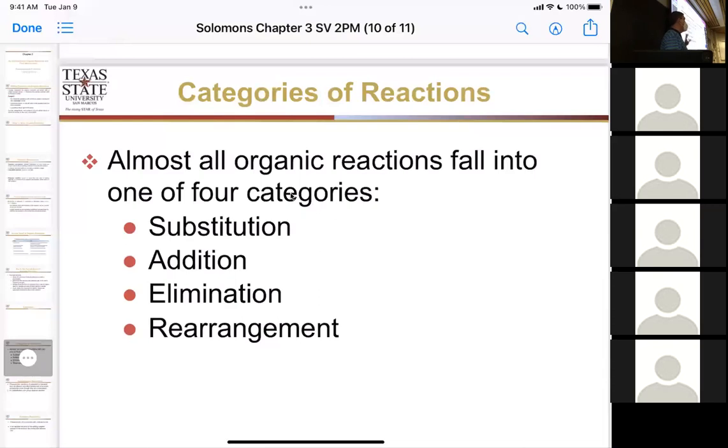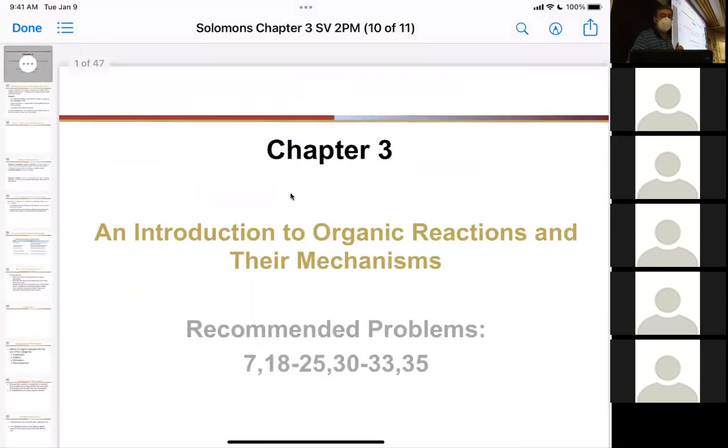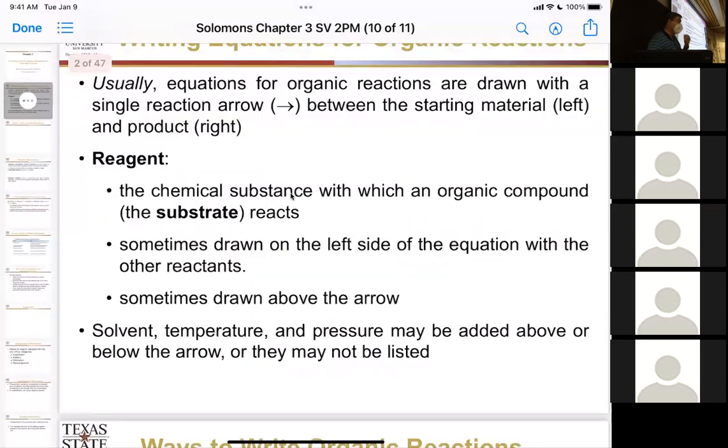But let me tell you about how we write mechanisms so you can understand what we're going through here, okay? The first thing we want to talk about is what a mechanism is. It's a thought process of how you make and break bonds in a chemical reaction in a logical way. So we have to start with, what's a chemical reaction?